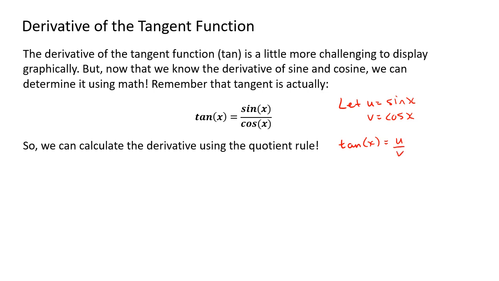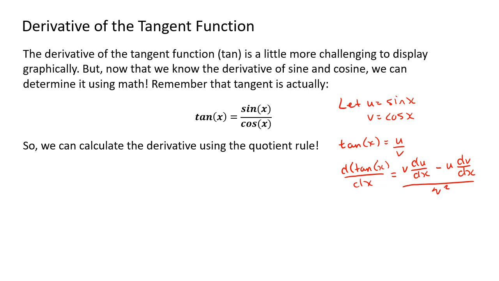And the quotient rule, so if we take the derivative of tan x with respect to x, uses the quotient rule. So the quotient rule is the function v times the derivative of the function u with respect to x minus the function u times the derivative of the function v with respect to x, divided by the function v squared.